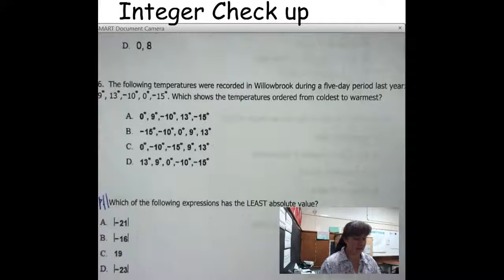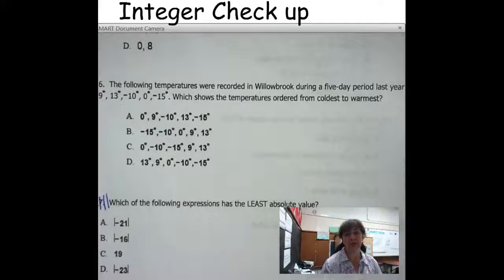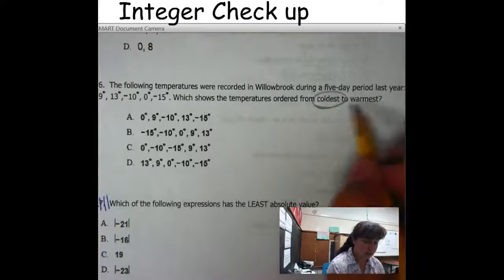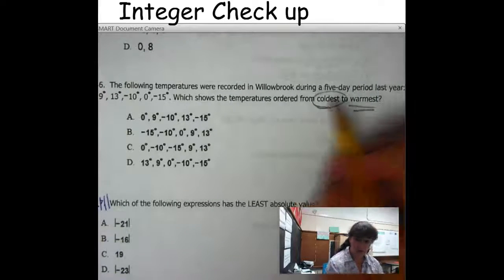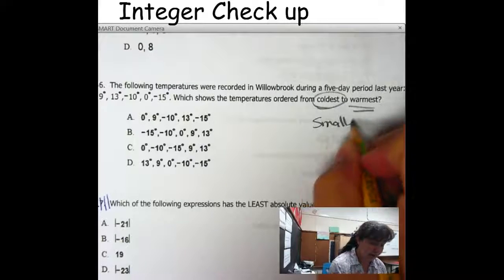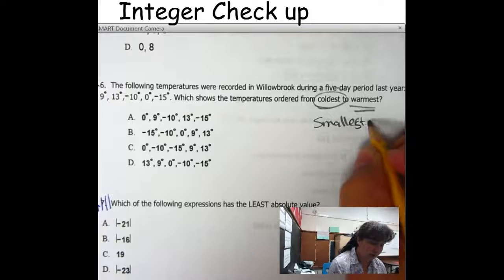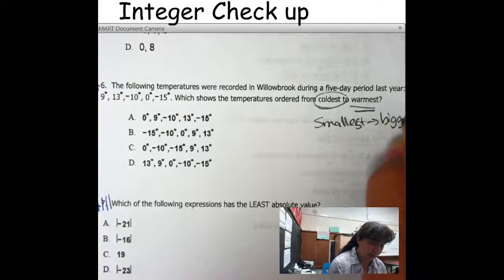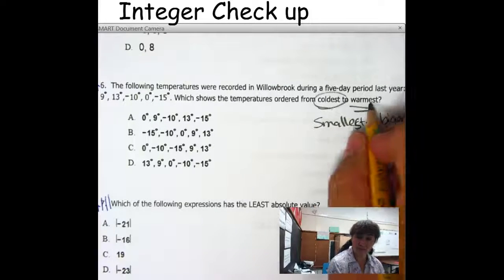Number 6. The following temperatures were recorded in Willowbrook during a 5-day period last year. 9, 13, negative 10, 0, negative 15, which shows the temperatures ordered from coldest to warmest. Coldest, the smaller the number gets. So really it's like listing them smallest to biggest. Okay, coldest to warmest.